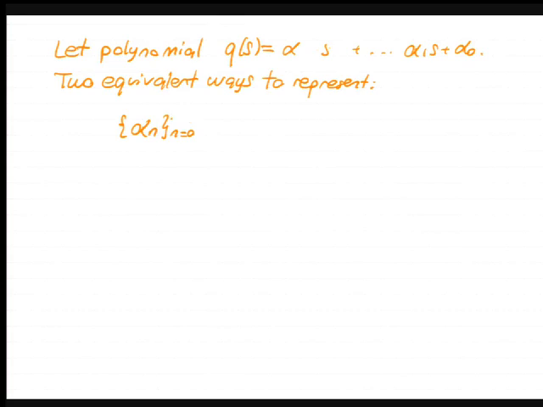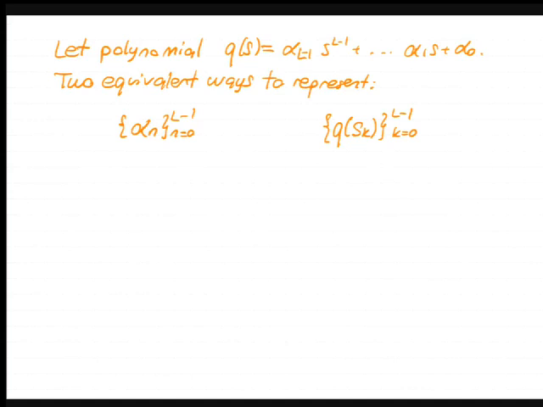So the polynomial goes up to L minus 1, s to the power L minus 1. So the other way of storing your polynomial is to store samples of your polynomial, at S sub k, k from 0 to L minus 1.